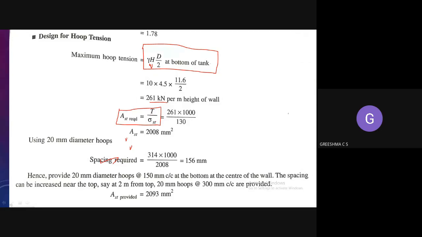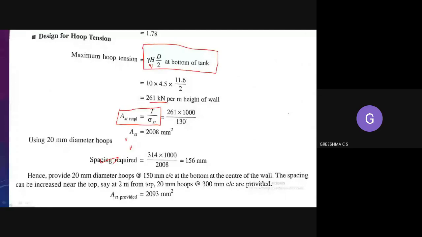Sigma st is the permissible stress in steel, which we found previously, that is 130 Newton per mm square. Here you have to make a note about the units. Sometimes it will be in kilonewton, sometimes in Newton.